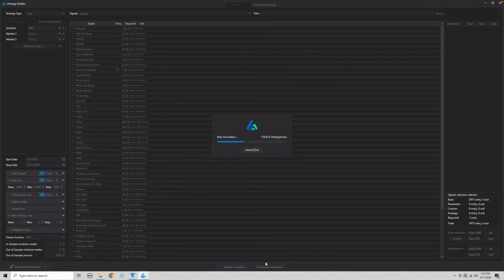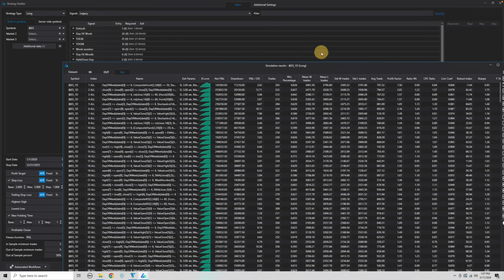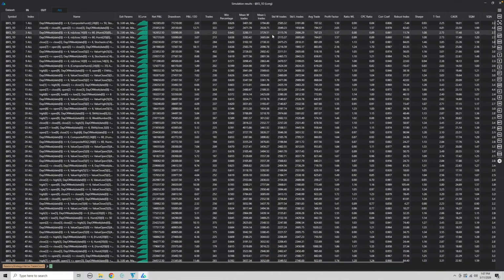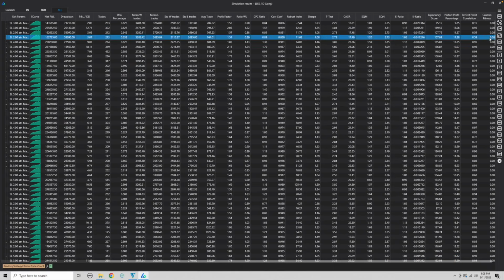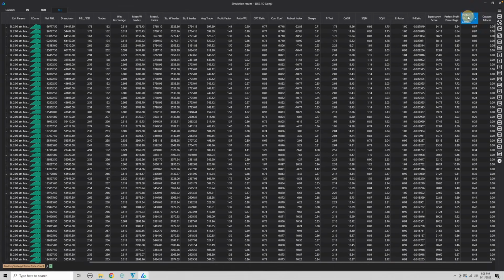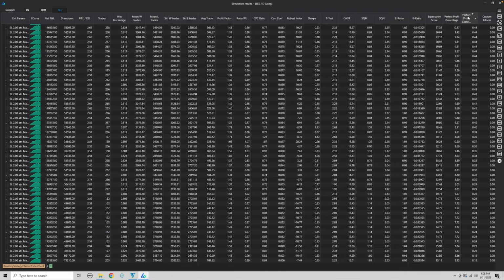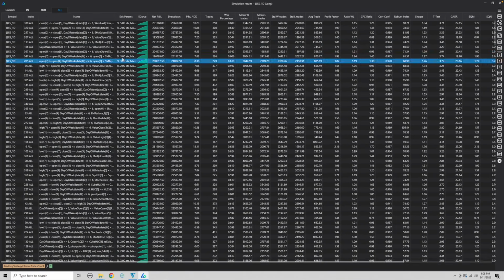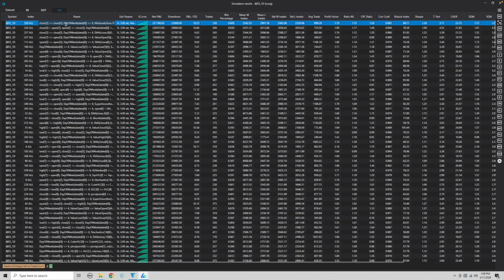You can see it's building thousands of strategies per second, and it's done already. I'm going to go ahead and organize these. Let's do this by actually perfect profit correlation. So this is how straight the equity curve is. All right, we can see the first one has a price filter.